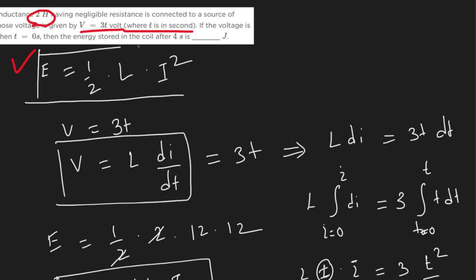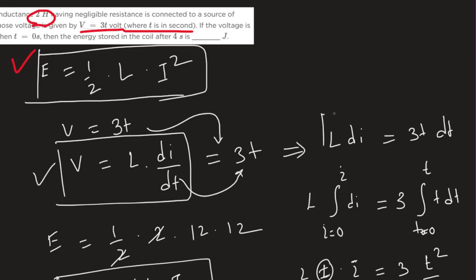Energy is given by this formula in the induction coil, 1 half Li square. And other formula that you need to know is voltage is equal to L into di by dt. Okay. So after that, what we did is that voltage is given, so we just put it over here, and then we moved the dt to the right hand side.